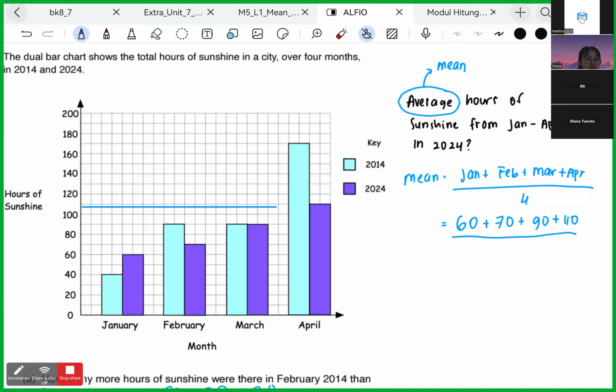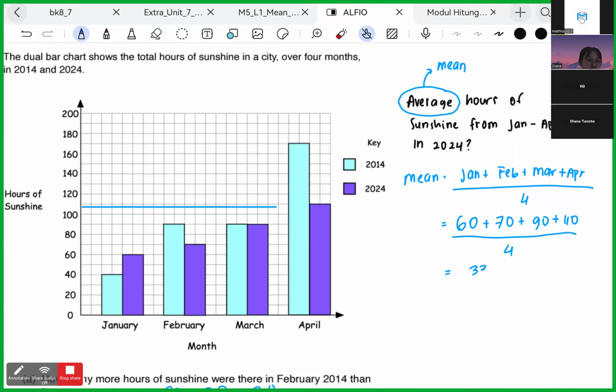Okay, add all of them. 60 plus 70 is 6 plus 7, 13, so 130. 130 plus 90 is 220. 220 plus 110 is 330.